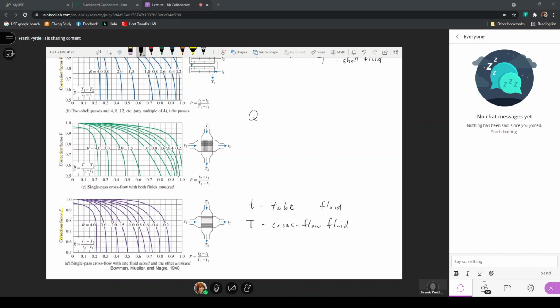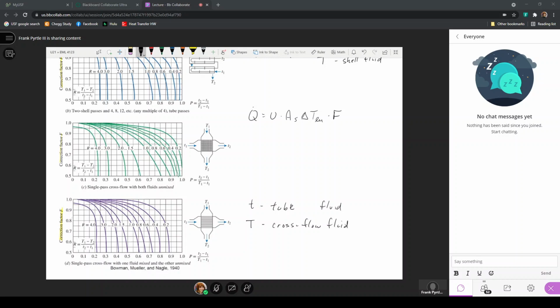Where again, that correction factor is just used as UA times the log mean temperature difference times F. So the log mean temperature difference is still going to be based on the hot fluid and the cold fluid inlet and outlet temperatures.